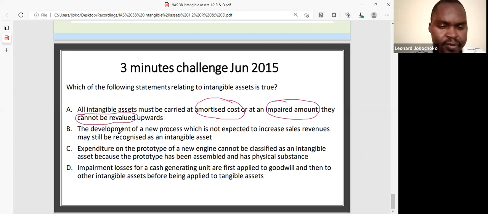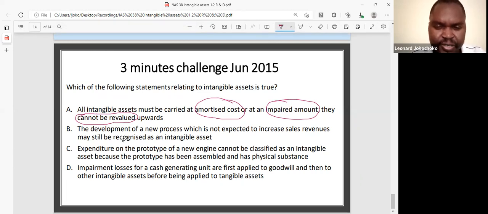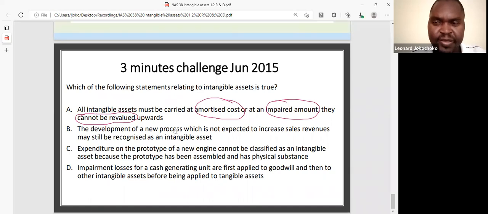Item number B, the development of a new process which is not expected to increase sales revenue may still be recognized as an intangible asset. We know that the development stage, if it has economic benefits, must be capitalized, provided it meets all the other 6 criteria we saw earlier on. In this case, there is no revenue increase.